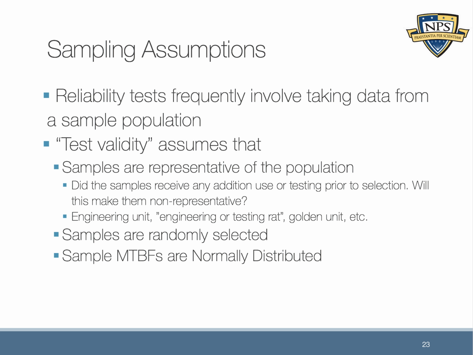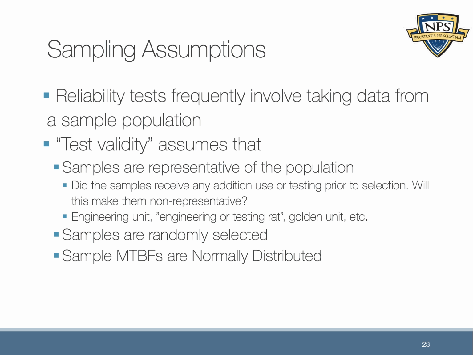Reliability testing, very often, and in this particular case with the binomial acceptance testing, involves sampling from a population, right? And in order to do that, we have to do it right? And so in order to have a valid test when you're taking samples from a population, there are a couple of things that have to be met.